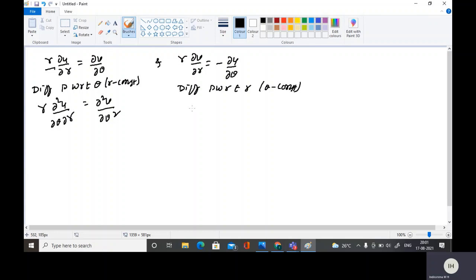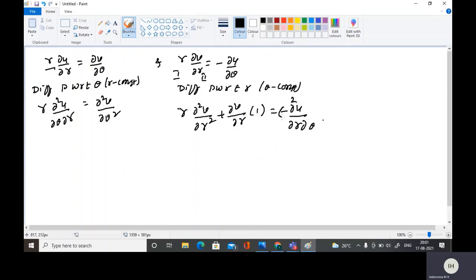So next here, with respect to R, we have to use the product rule: first function into differentiation of second plus second into differentiation of first is equal to minus ∂/∂R of ∂U/∂θ, that is ∂²U/∂R∂θ.